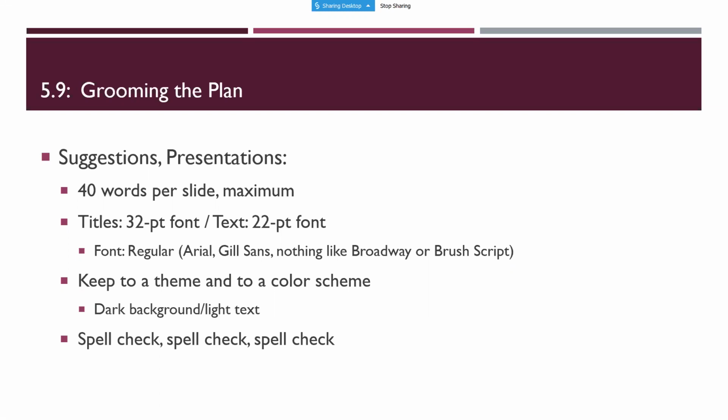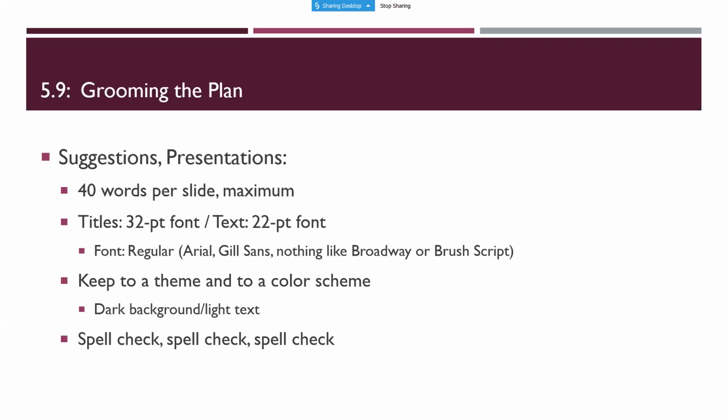Nothing again like Broadway font or brush script font or any of the real oddballs that are out there. So things like Arial and Gill Sans and Calibri and Courier and just kind of basically like your true type fonts, as they're called.